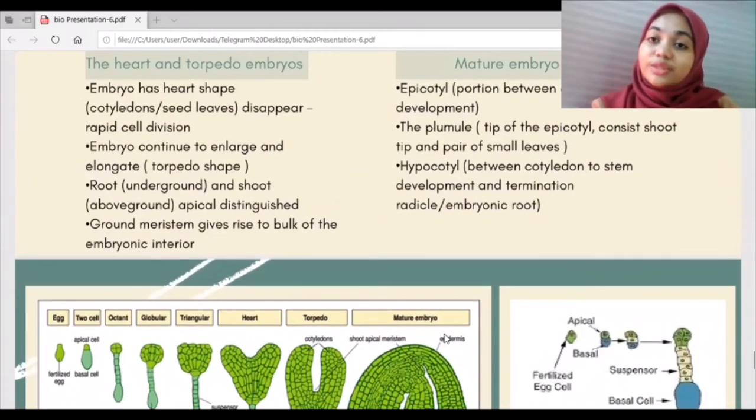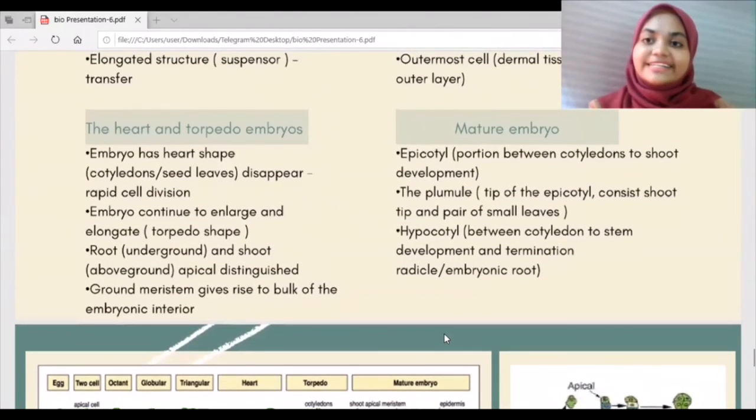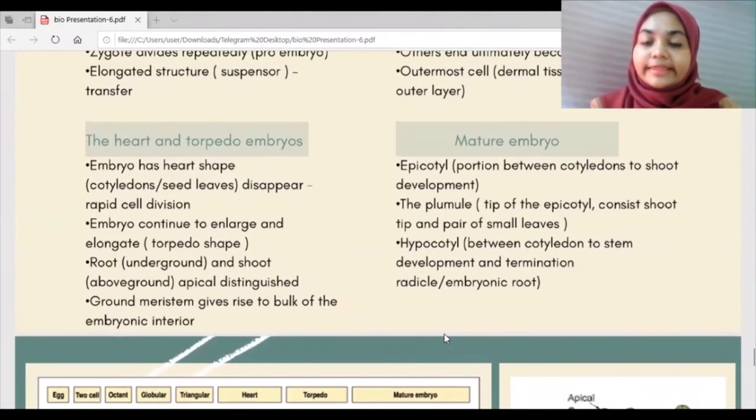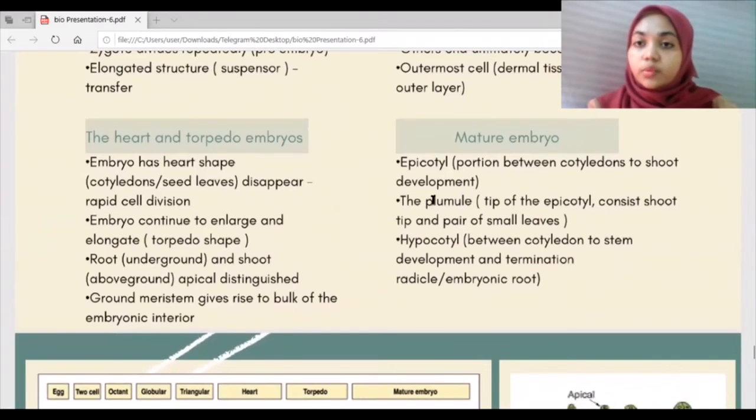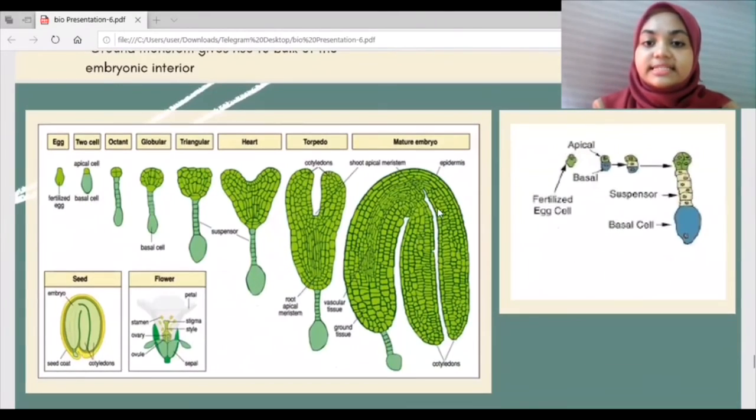Next, we go to the last stage, which is the mature embryo, and this is the epicotyl. Where is the epicotyl? It is the portion between the cotyledon and the shoot development.